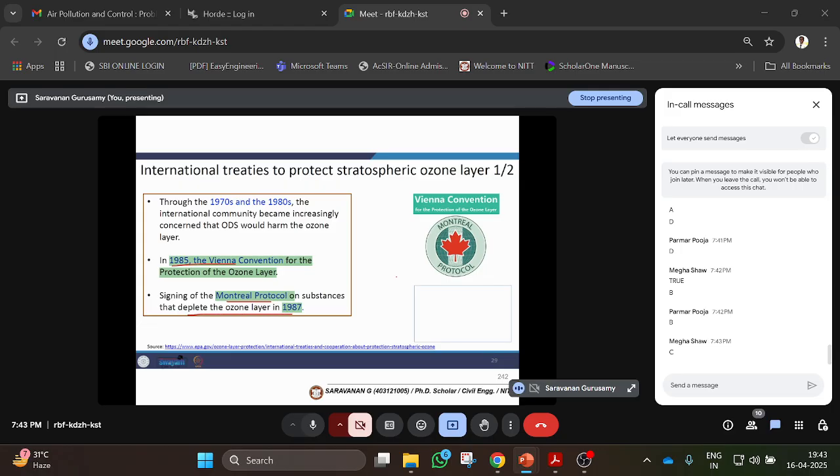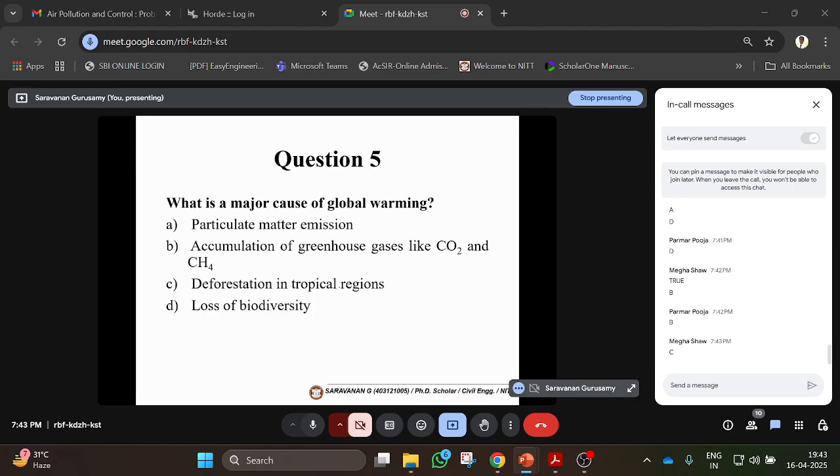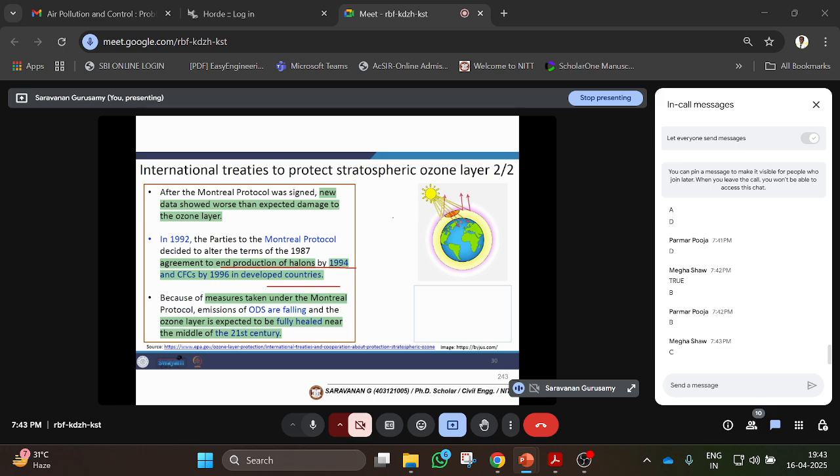In 1987, the Montreal Protocol, based on the Vienna Convention, was established in Canada. So here you can see the Montreal Protocol measures taken: end production of halons in the developed countries. So that heals the ozone layer.